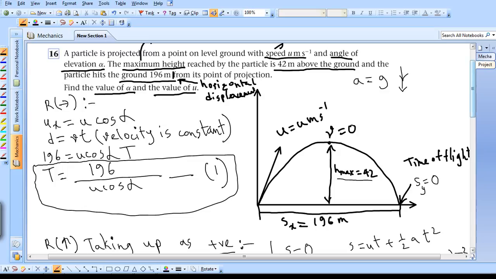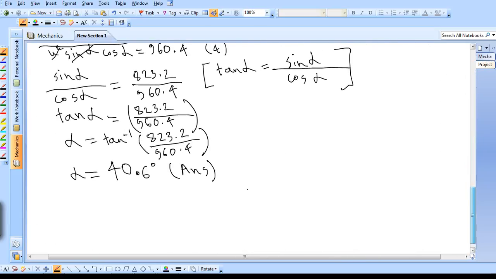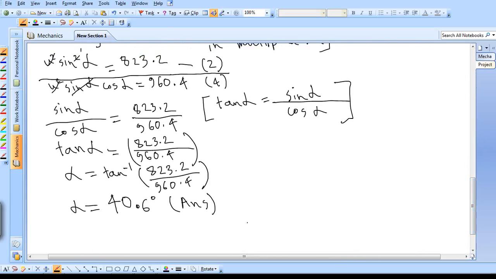Now we are going to find the value of u. It's really easy. Okay, so now we will substitute this value, alpha is equals to 40.6, into equation 4.